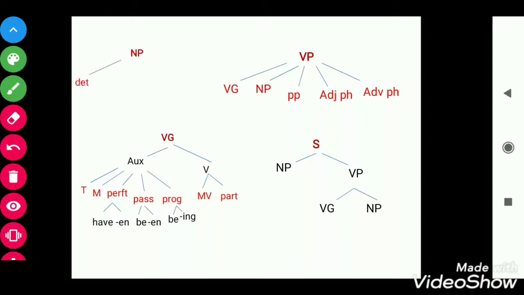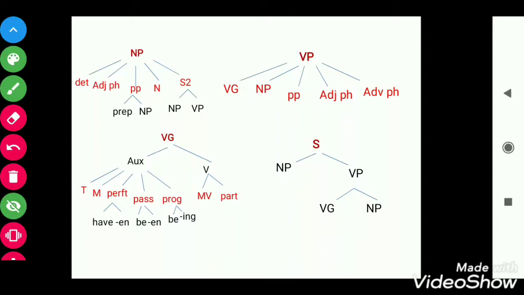From NP we can extract determiner, adjective phrase, prepositional phrase, noun and new sentence, and from that sentence again NP and VP. So if we need to go to a sentence within a sentence, we must bring NP to go to the sentence within a sentence.